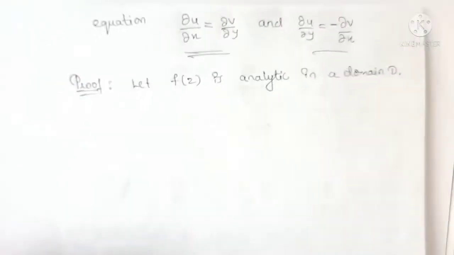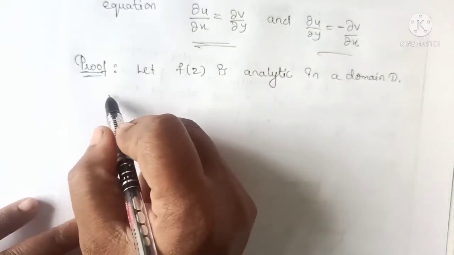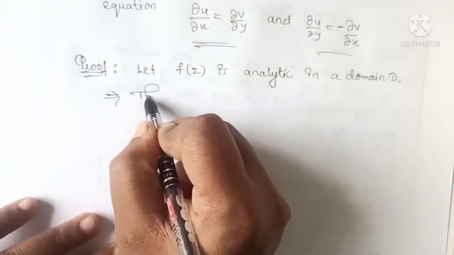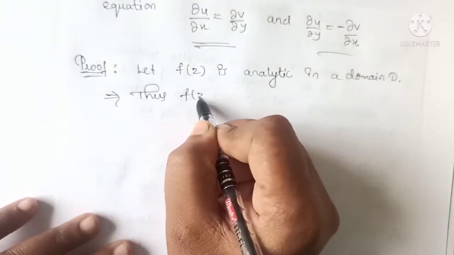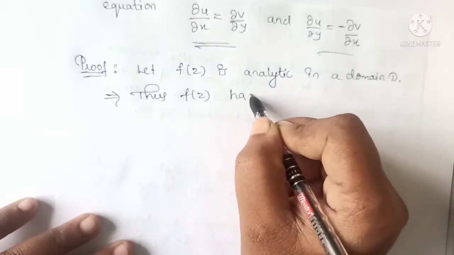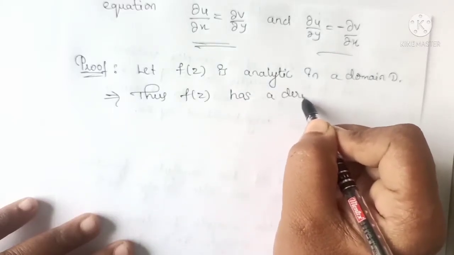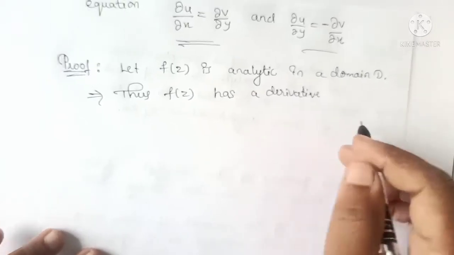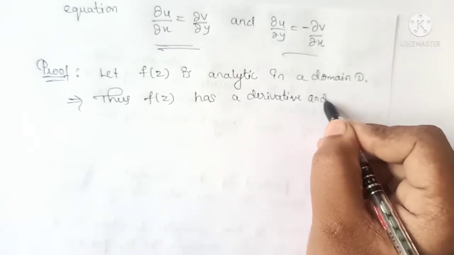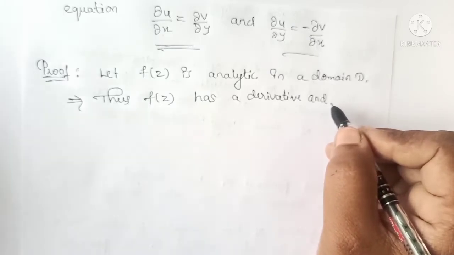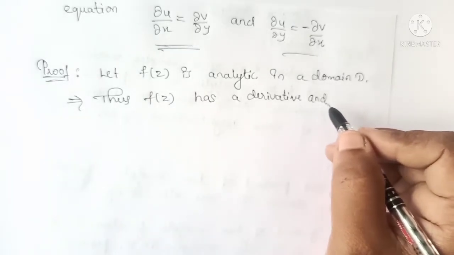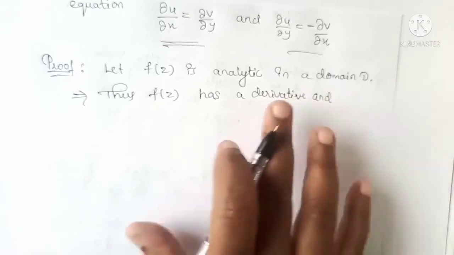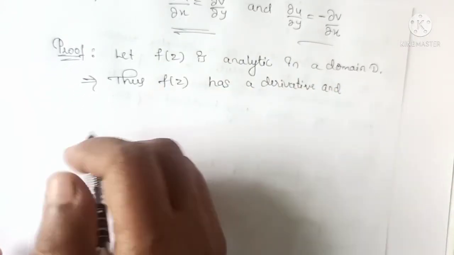So we can say that f of z has a derivative and it is unique. Okay, we know that the derivative of any function is unique. So first we write the derivative of this f of z.